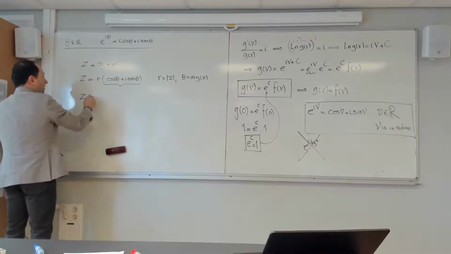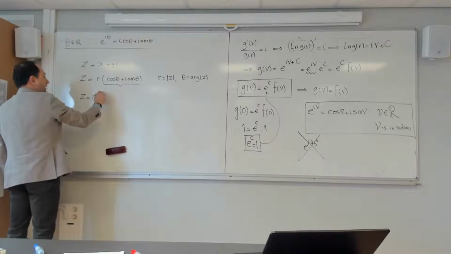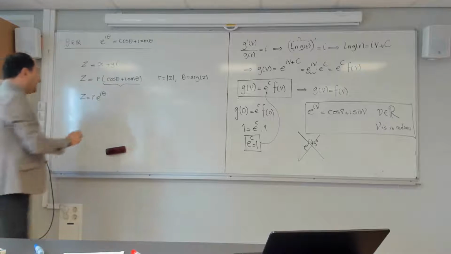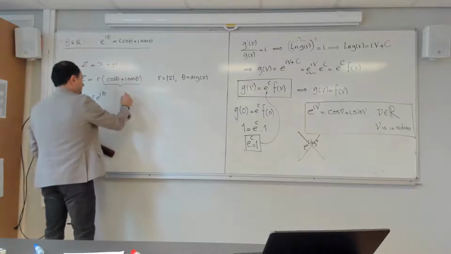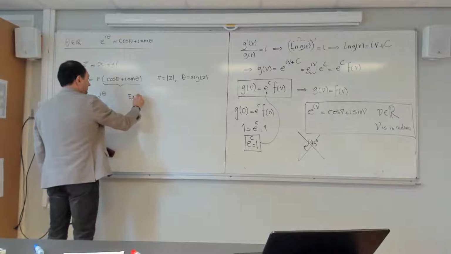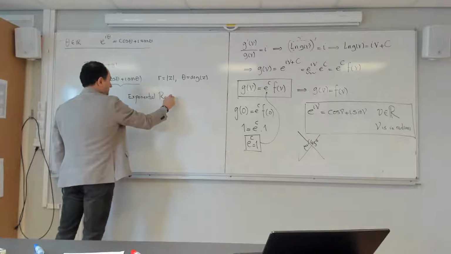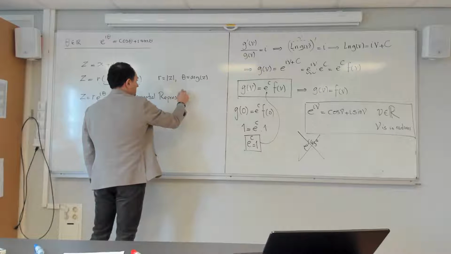So I just write r, and instead of this combination, I use that factor. So it's very compact and elegant. This is now called exponential representation of complex numbers.